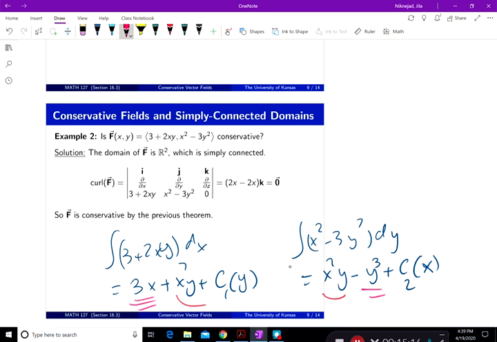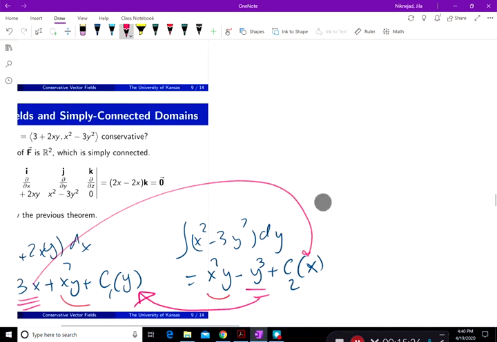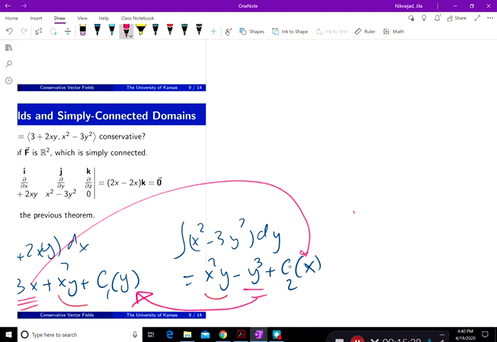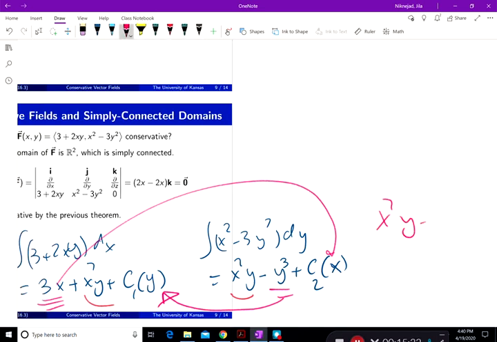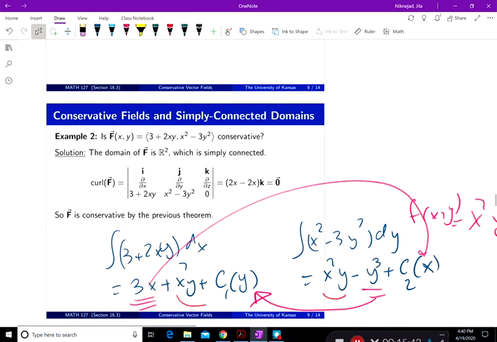But y to the third is a constant, so this could be that function, and 3x is a constant, so it could be that function. So the potential is going to be x squared y plus 3x minus y to the third plus c. And that is the potential function for this conservative field.